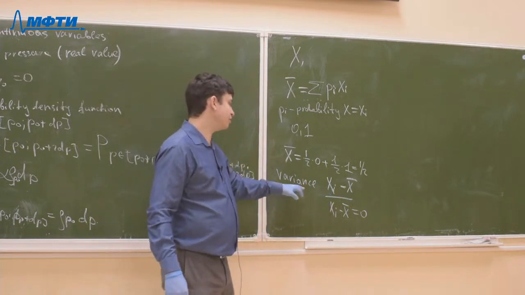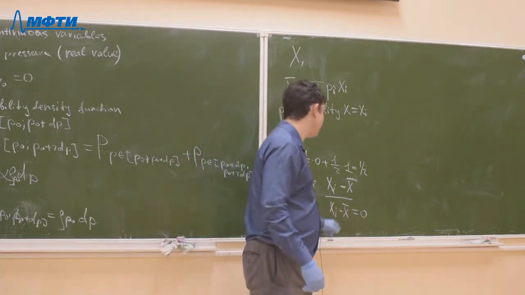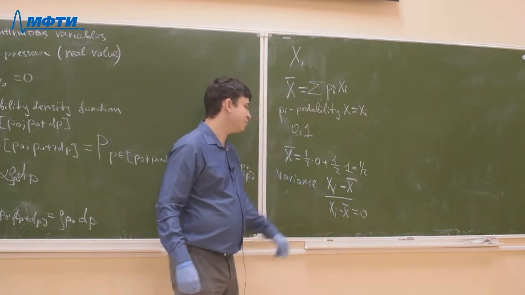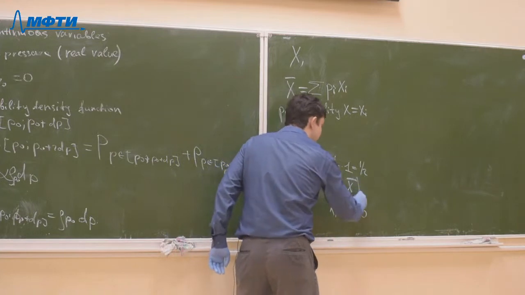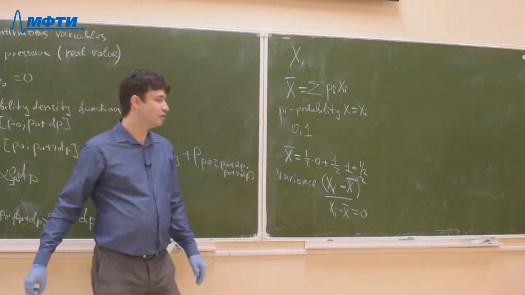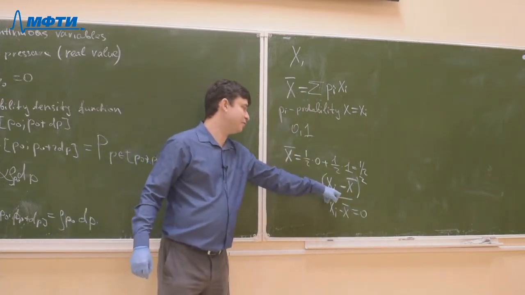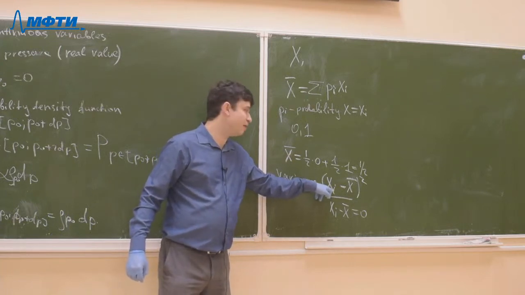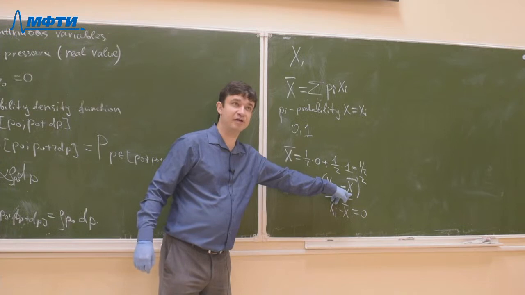But in order to calculate variance, you do the following trick. You abandon the sign of this difference by squaring this value. So you calculate the square difference between your random variable and the mean value of this random variable.